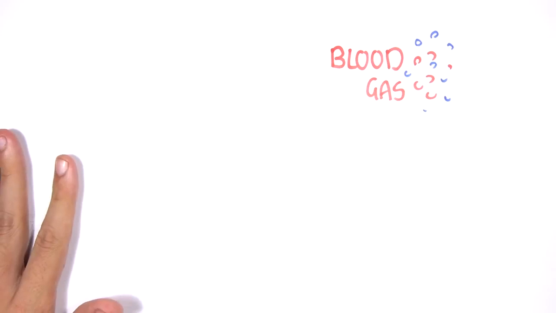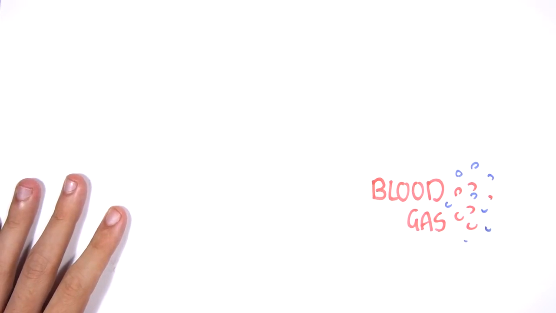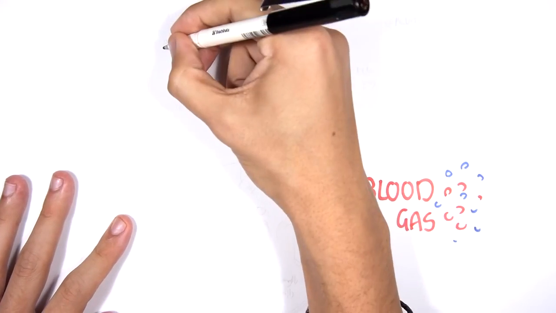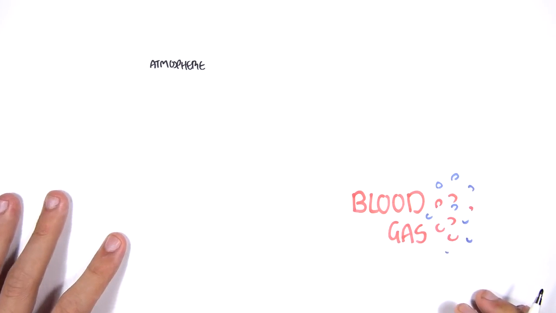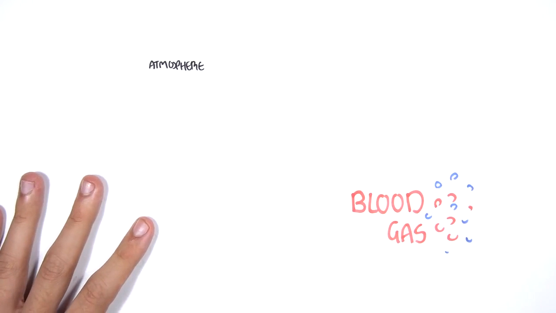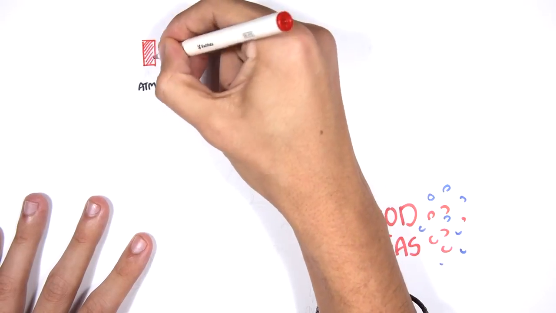The higher the partial pressure of a gas in an area technically means the higher the amount of that gas in that area. So to begin, we first must look at the partial pressure of oxygen in the atmosphere. So we have a significantly higher partial pressure of oxygen than carbon dioxide in the atmosphere.